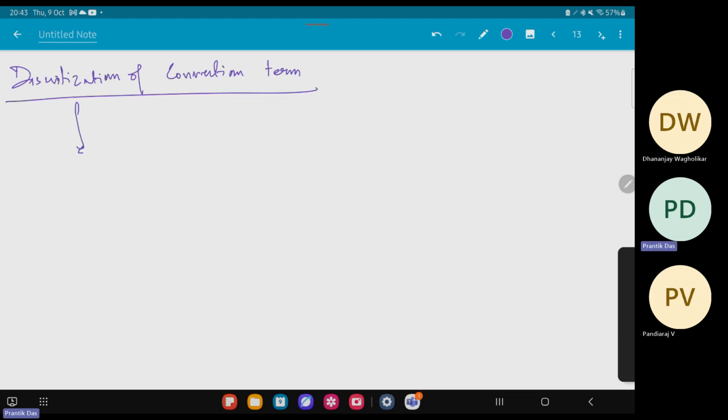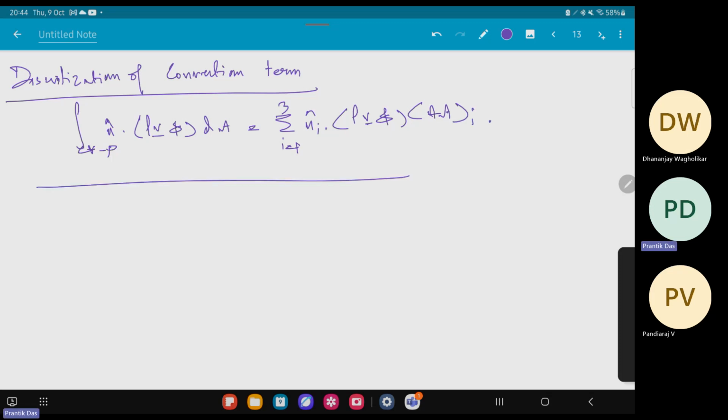So control volume P, integral of n cap dot rho V phi dA equals sigma i equals 1 to 3 of n i dot rho V phi, okay, so this is how you are dealing with the convection term itself.